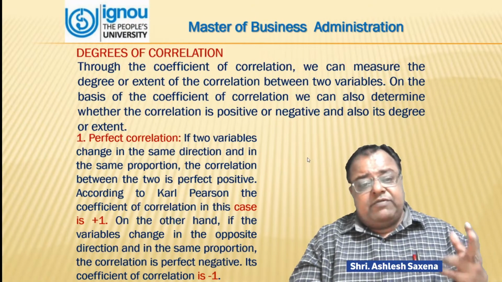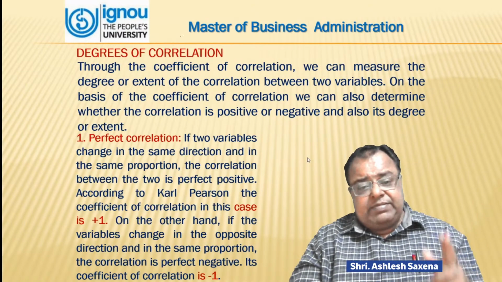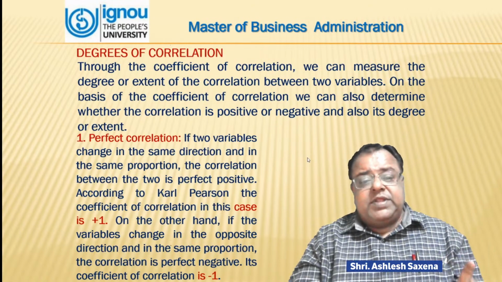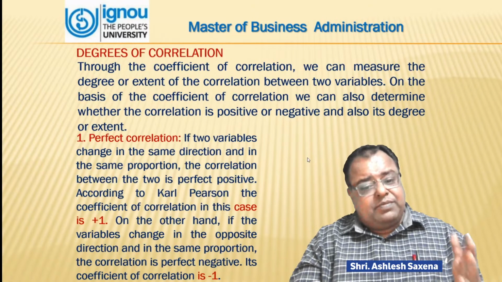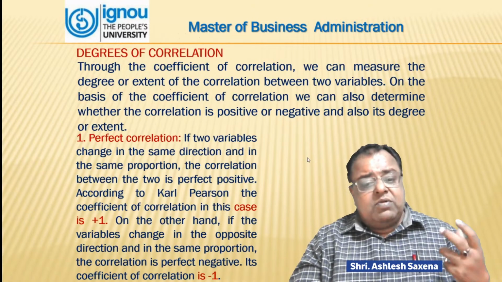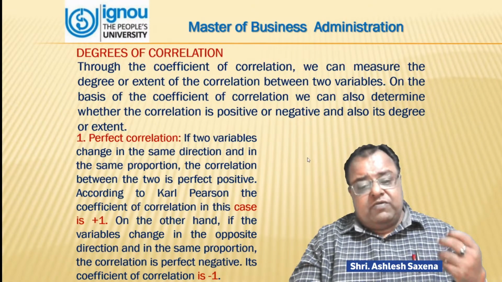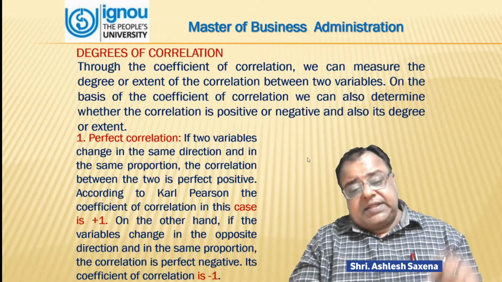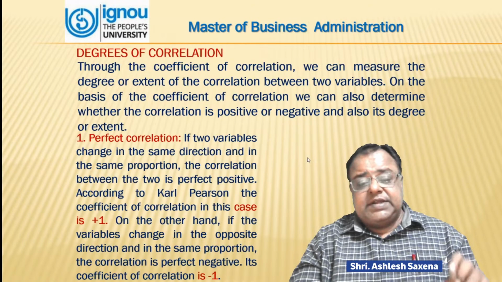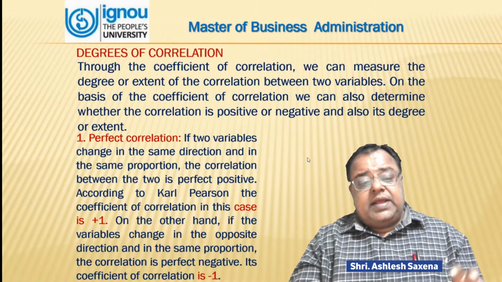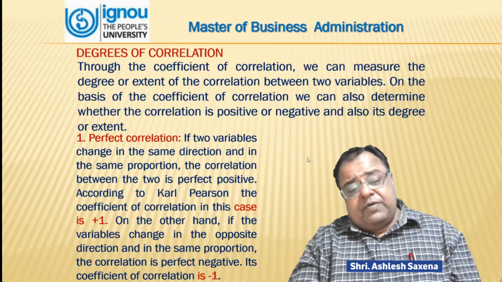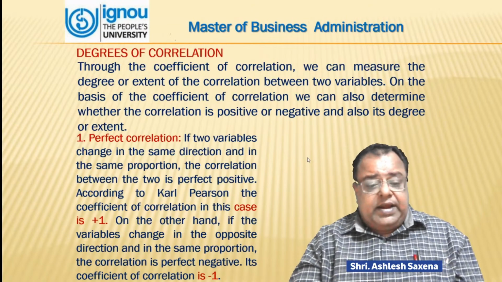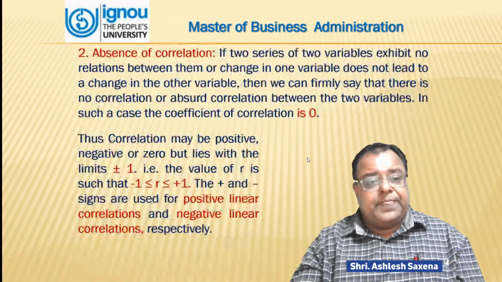Perfect correlation: if two variables change in the same direction and in the same proportion, the correlation between the two is a perfect positive one. According to Karl Pearson, the coefficient of correlation in this case is +1. On the other hand, if the variables change in the opposite direction and in the same proportion, the correlation is perfect negative, and its value is -1.